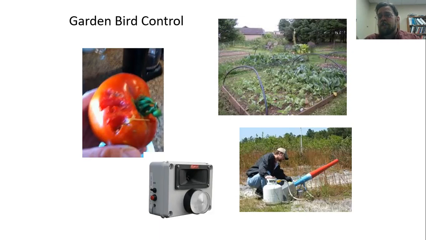On a larger scale, there are air cannons that can be used that will, on a set time, let out a large noise, kind of like a cannon going off. And that startles birds away from the area. Not something I would recommend for use by homeowners, but it does get used at the commercial scale.